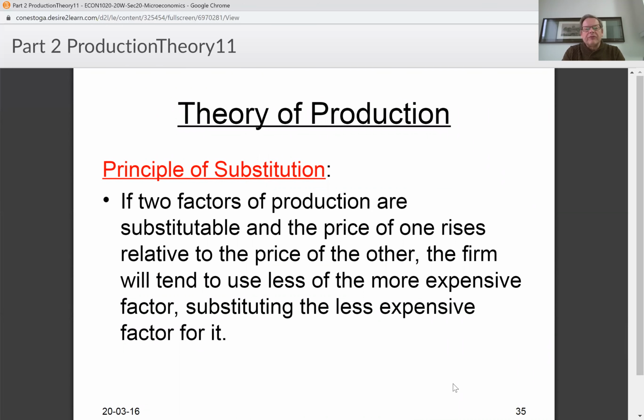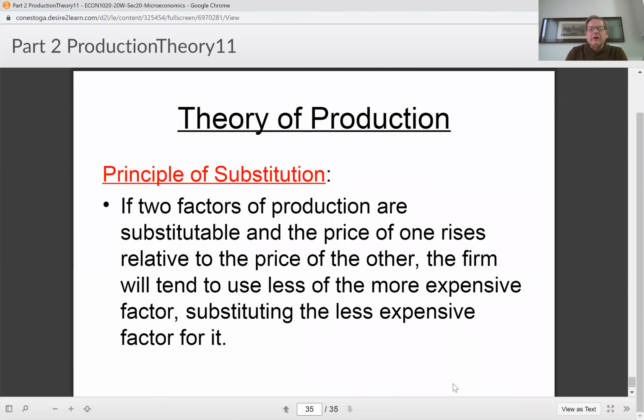So the principle of substitution, to highlight once again: if 2 factors of production are substitutable and the price of one rises relative to the price of the other, the firm will tend to use less of the more expensive factor, substituting the less expensive factor for it.